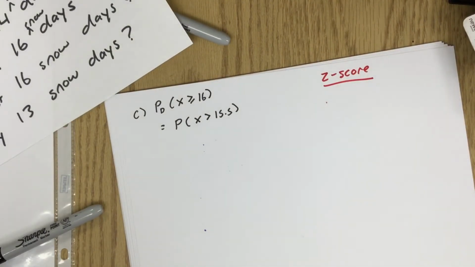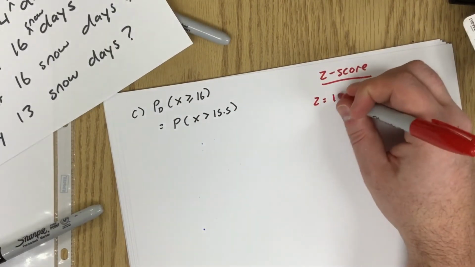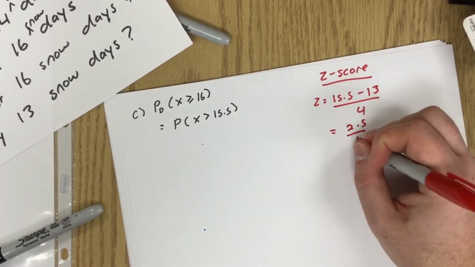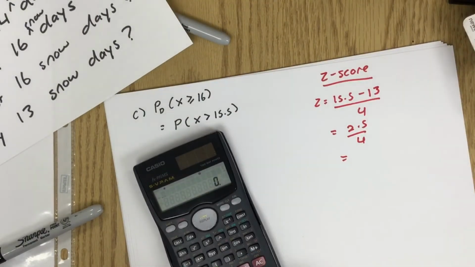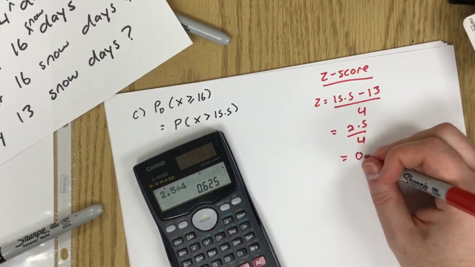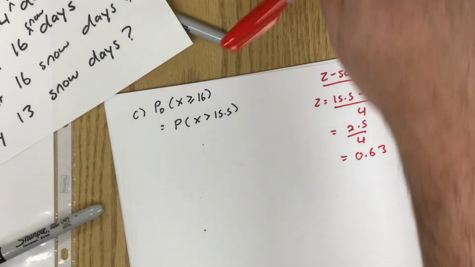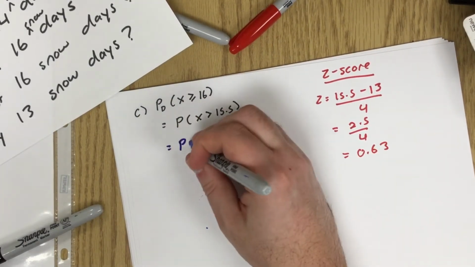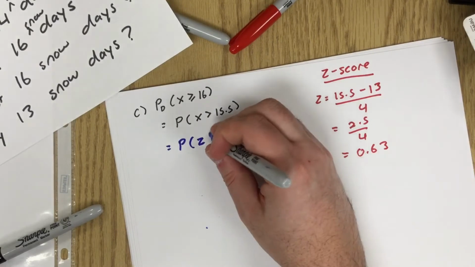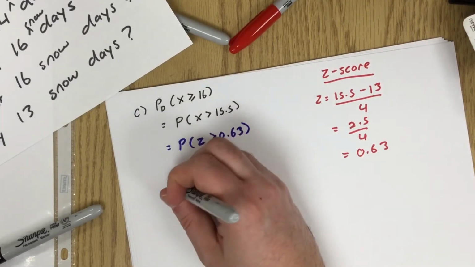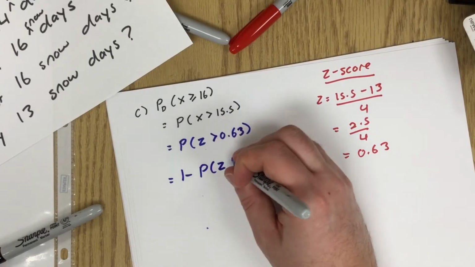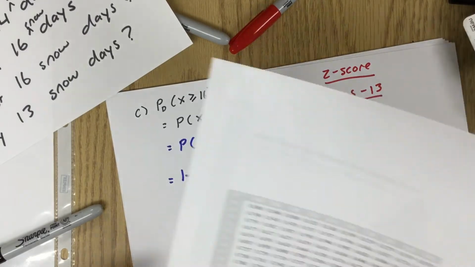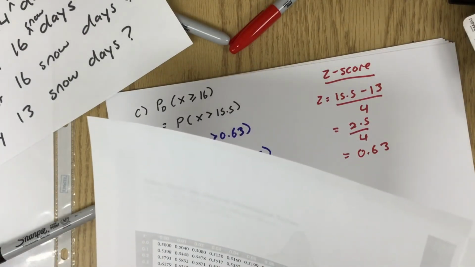So the z-score is going to be 15.5 minus 13 over 4, which is 2.5 over 4, which is 0.63. So this is equal to the probability that z is bigger than 0.63, which is 1 minus the probability that z is less than 0.63, which is 7357.